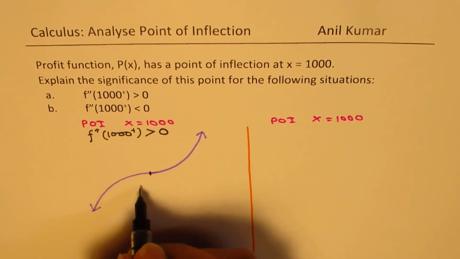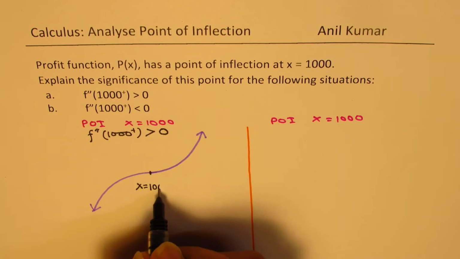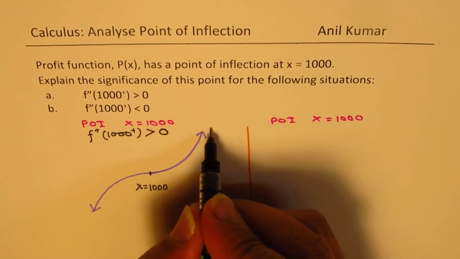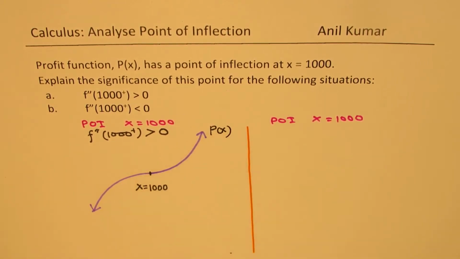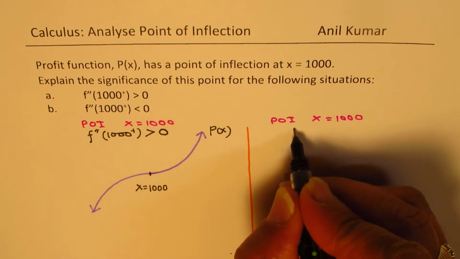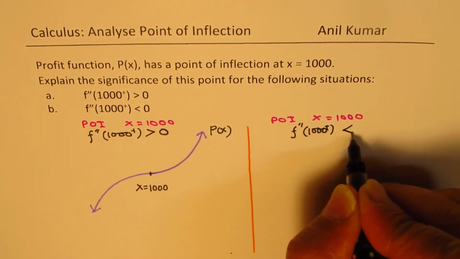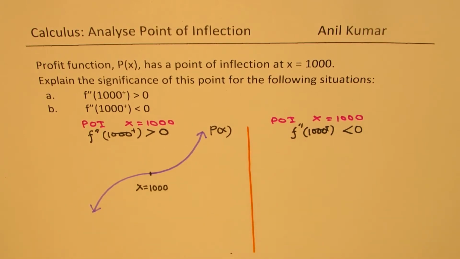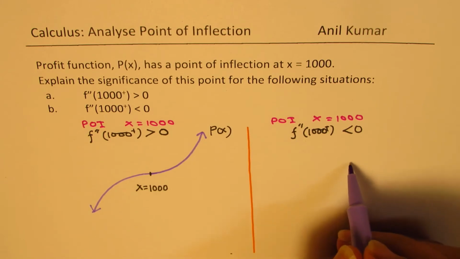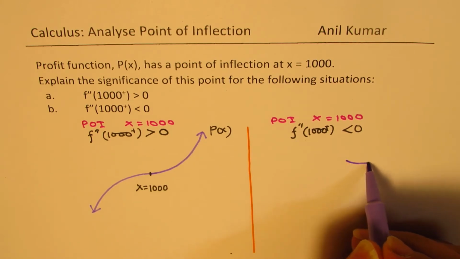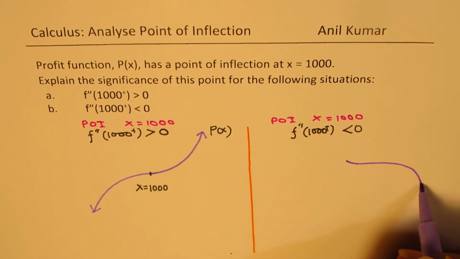This happens at x equals 1000 for profit function p of x. On the other hand, when we say that the second derivative on the right side is less than 0 of this critical number, that really means that on the right side, we have a point of inflection where the concavity changes and it is concave down.